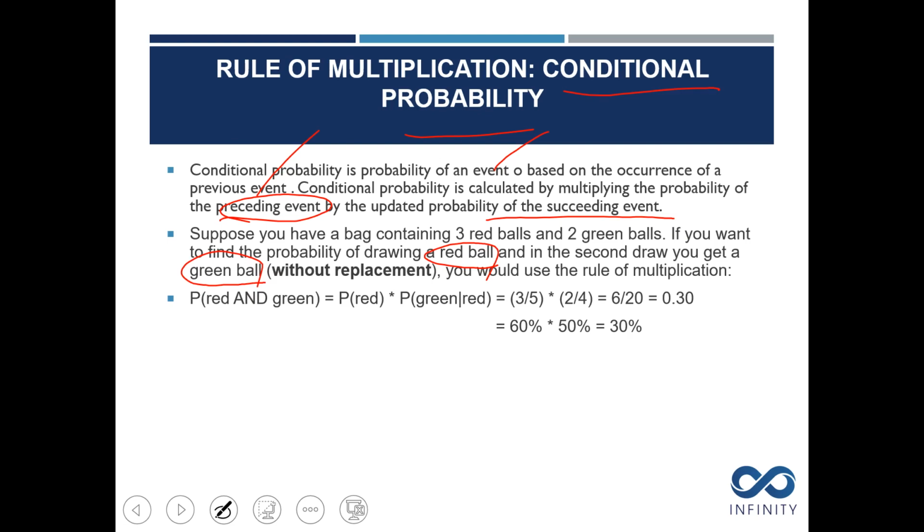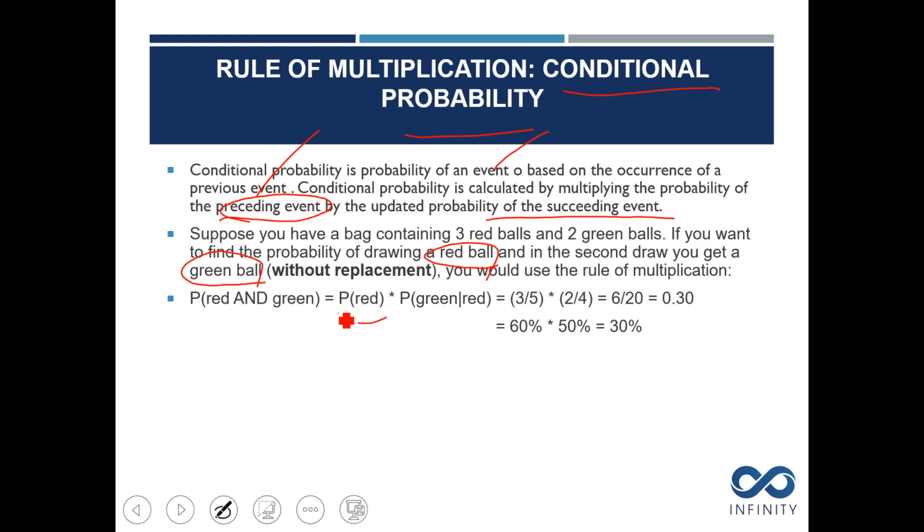That means you have 3 red balls, you will draw one red ball, then the second time you will draw another ball and it has to be green. So what is the probability of drawing a red ball first, then getting a green ball second?